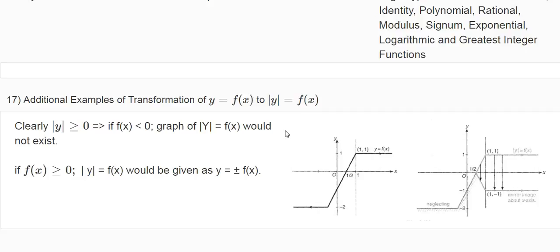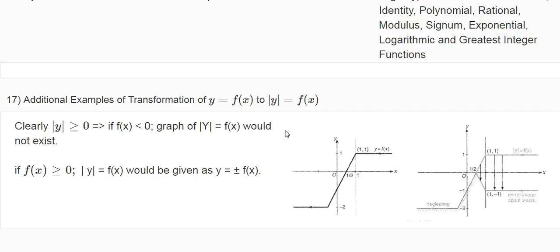So with this we complete this lecture on transformation, especially with reference to the modulus function. In the next couple of lectures we will be discussing the transformation of the bracket x function, that would be the greatest integer function, and then the middle bracket x, which would be the fractional part of the value of x. But before we move to those graphs, in the next lecture itself we will be doing a good number of examples.